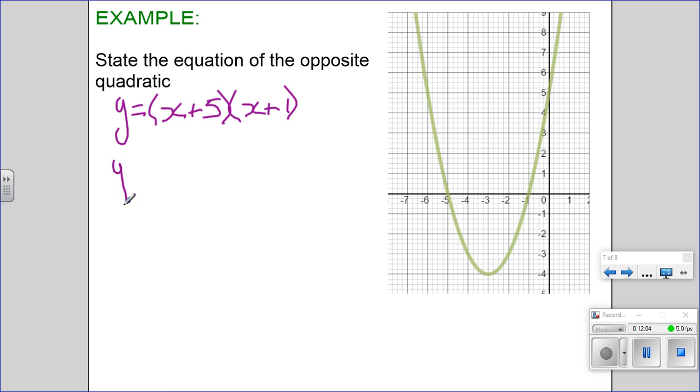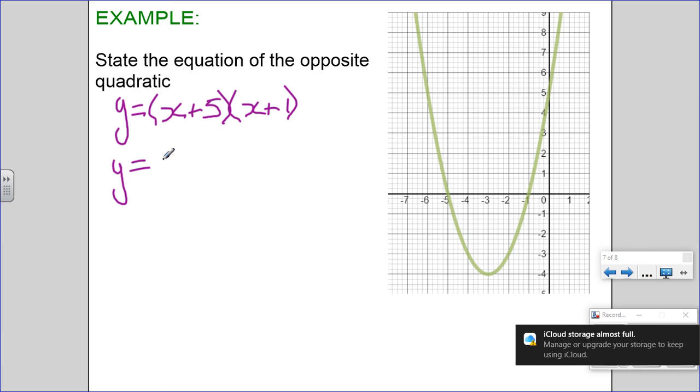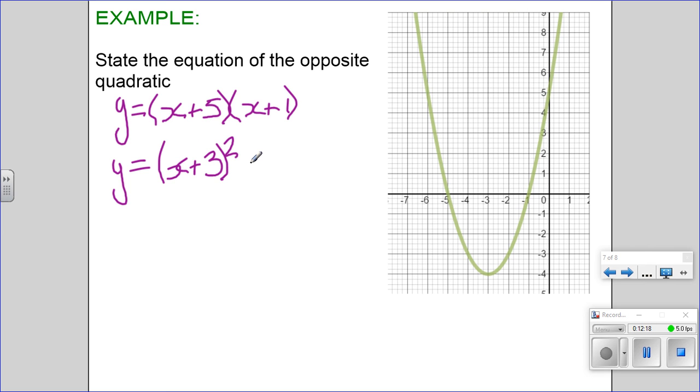Completing the square form works for all these equations because every single quadratic has a turning point. So in this one, it would be (x plus 3) all squared minus 4, because my turning point is here at negative 3, negative 4, opposite of p, q. And our turning point, we can write that as negative 3, negative 4. And that is how we state the equation.